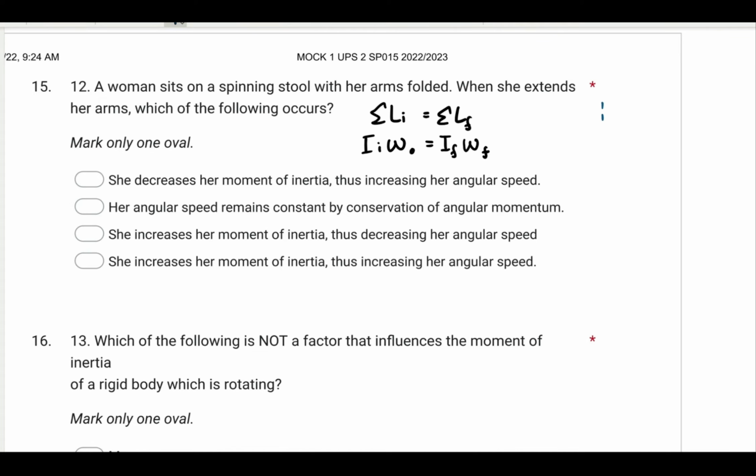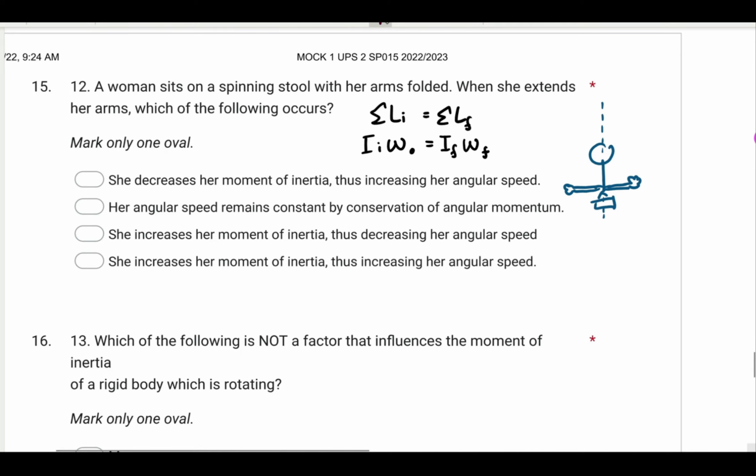So let's say this is the axis of rotation, and we have the woman here, sitting on the spinning stool. What happens when she extends her arms, opening her arms wide?